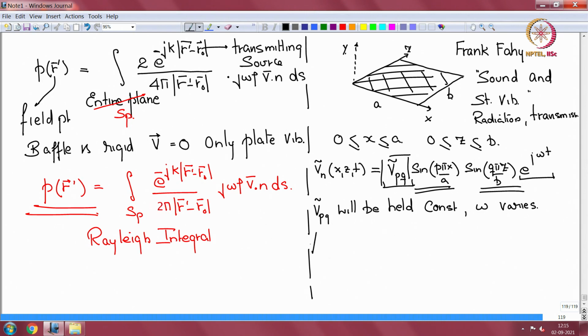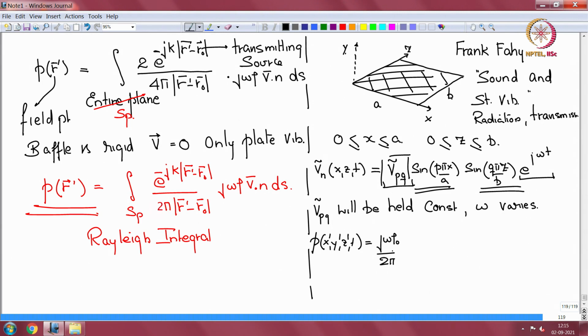Now the pressure at x dash, y dash, z dash, t is equal to j omega rho 0 by twice pi.